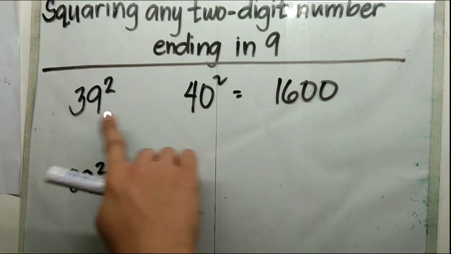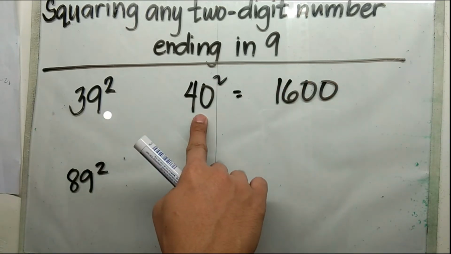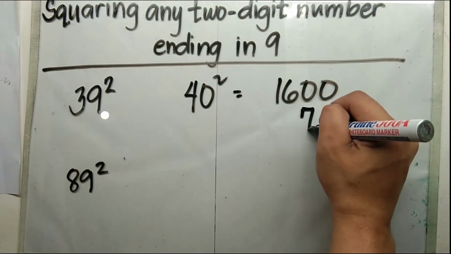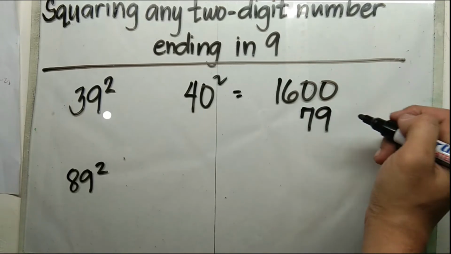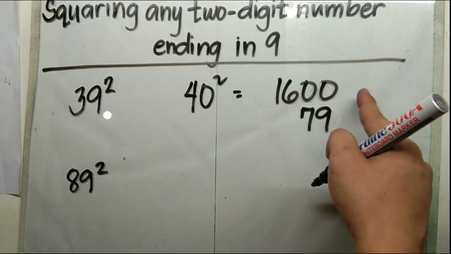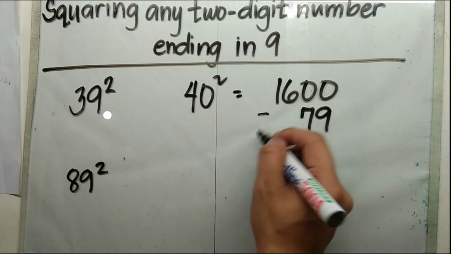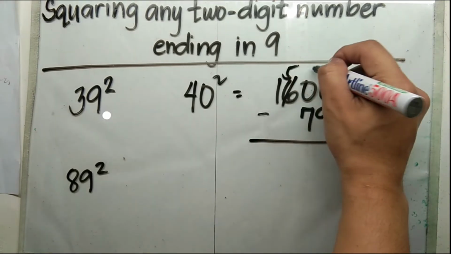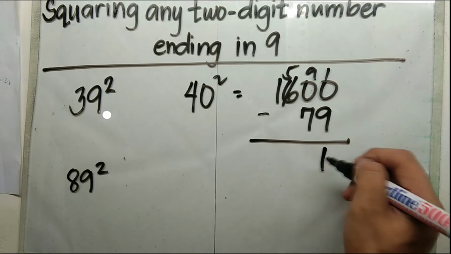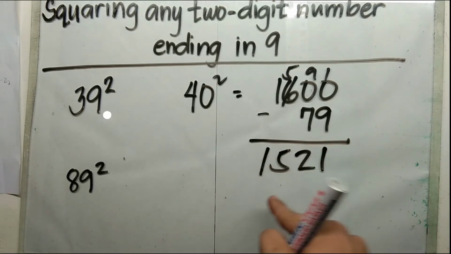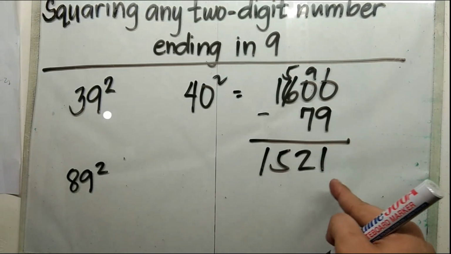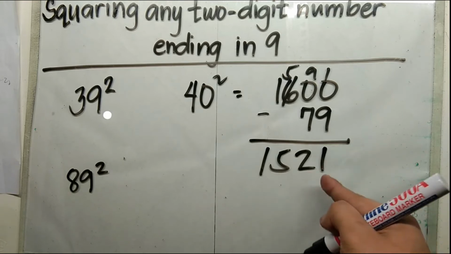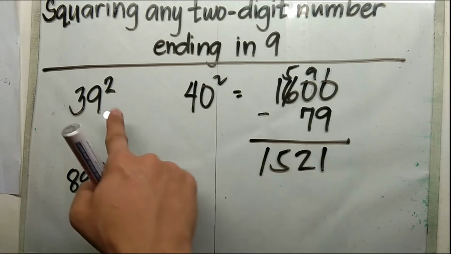Next, add 39 and 40. The sum will be 79. Now subtract this sum from 1,600. The difference will be 1,521. This is also the value when you square 39.